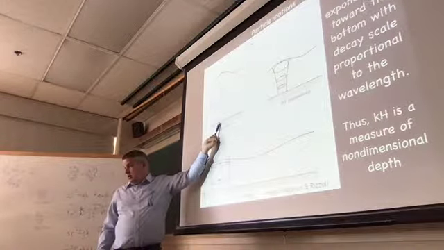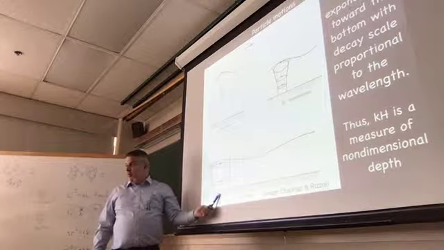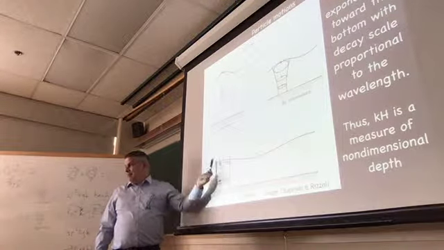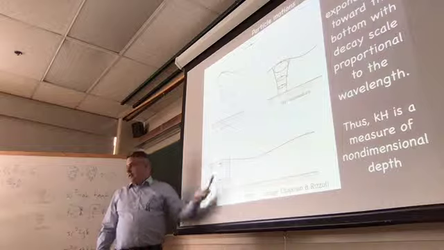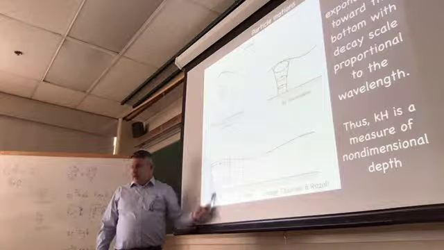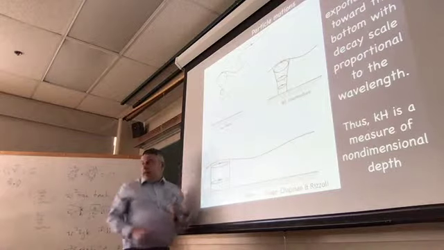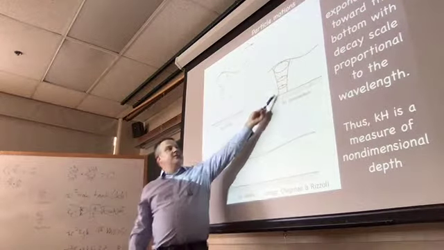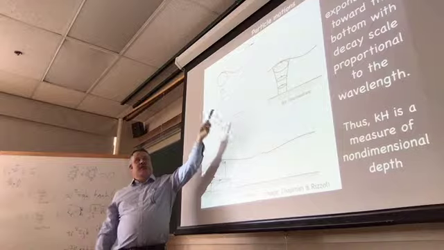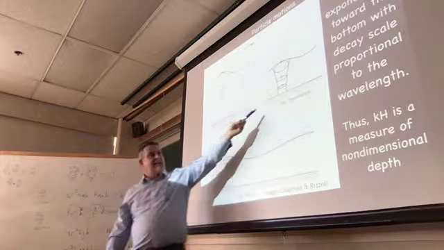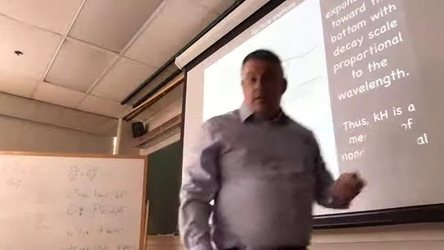Okay? If we have a shallow water wave, basically the flow is the same top to bottom. It's just sloshing around in a circle. There's not much room for it to decay because the wavelength is much, much longer than the depth. And if you're somewhere in the middle, you get this kind of elaborate touching the bottom and also decaying piece, which is where that complicated tangent comes in.